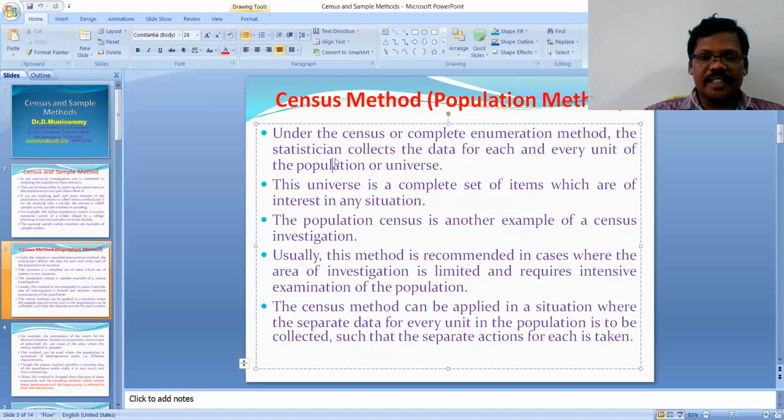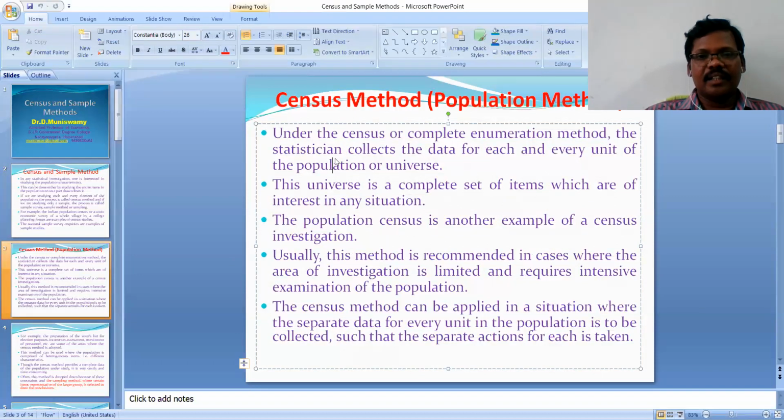Under the census method, as I already told you, census is nothing but the complete enumeration method, because we are taking the information from each and every person who is involved, or who are the stakeholders or respondents.